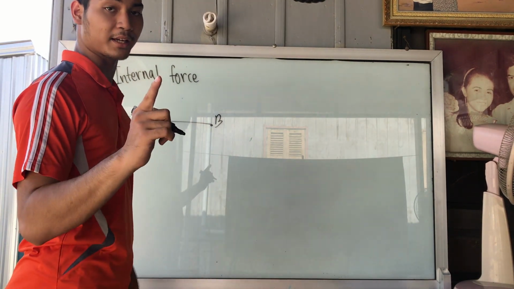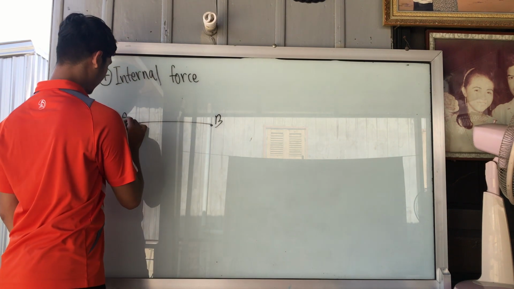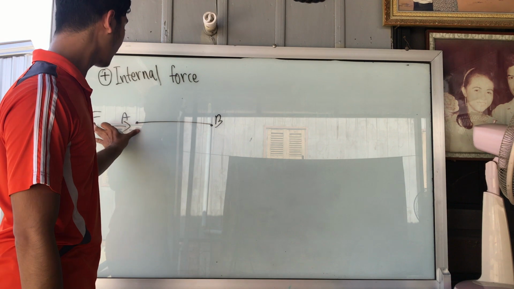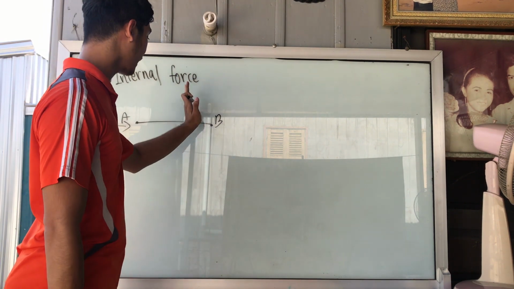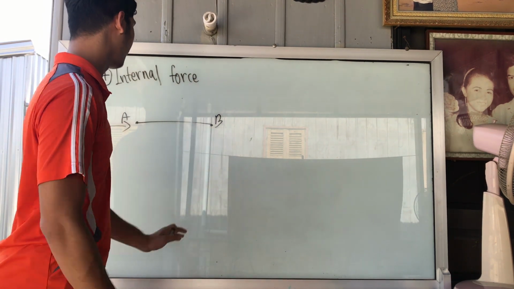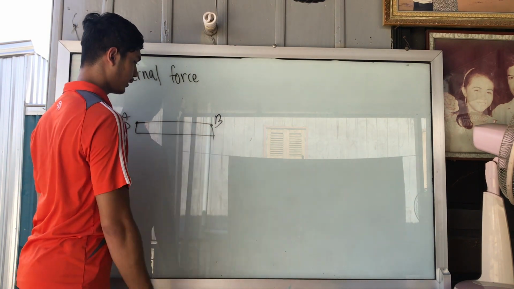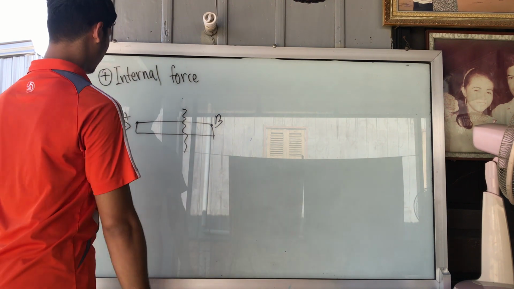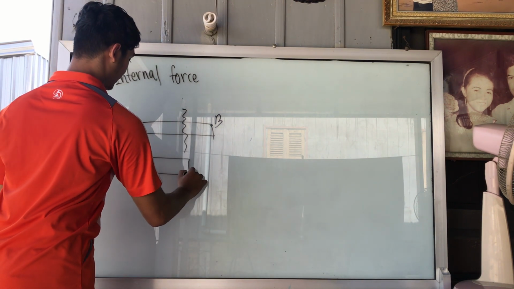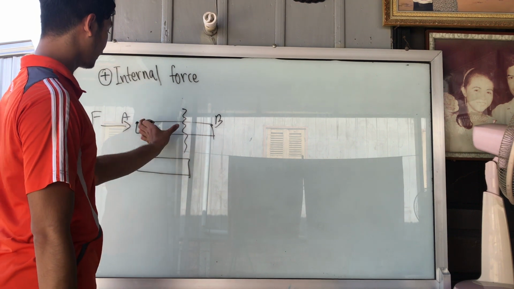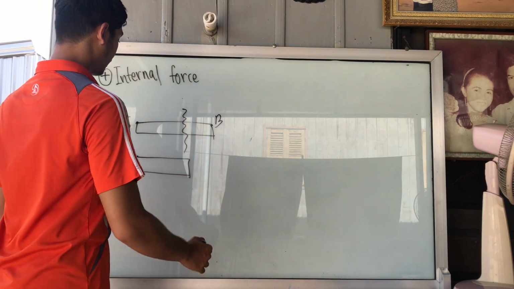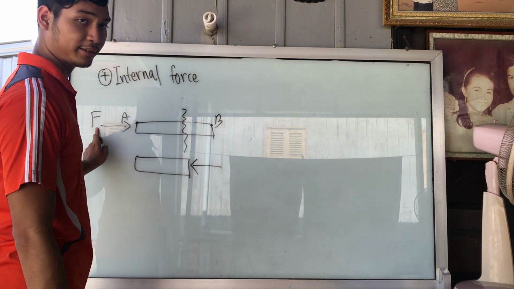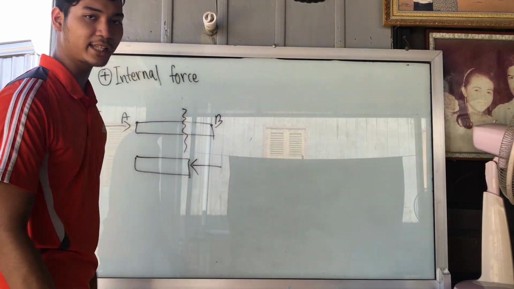If I apply an upward force just like this, and if I cut this beam, I will see that this cut has a force that reacts to this force in order to keep the beam in equilibrium.